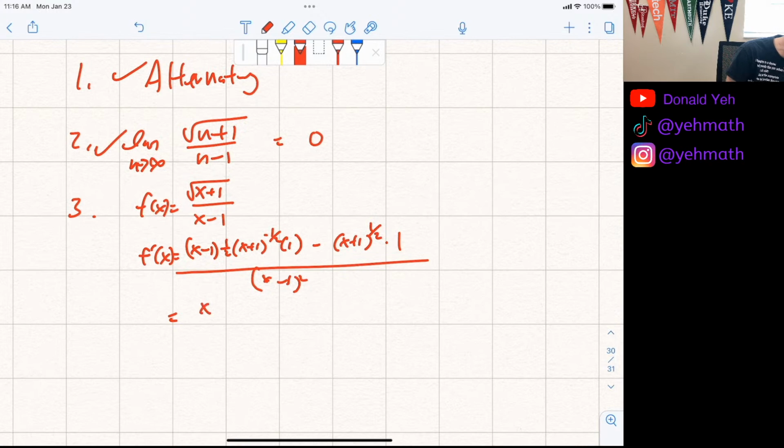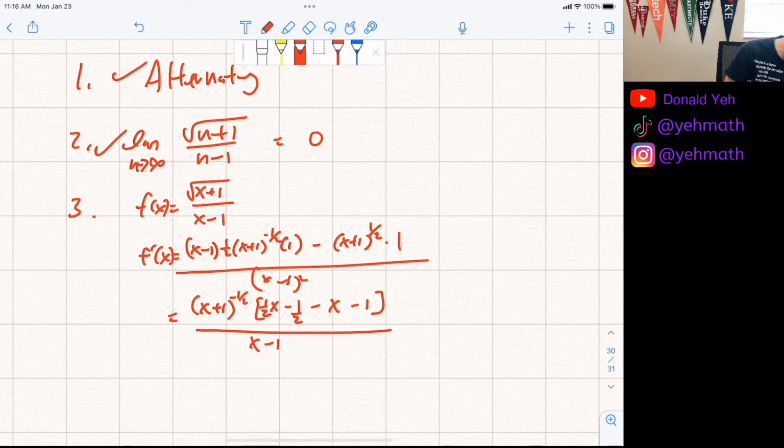What you can do is back out the most negative. You learned that last year. So that's gonna be x minus 1 over x minus 1 squared. There's a half here and a half because there's half in there, and minus one.